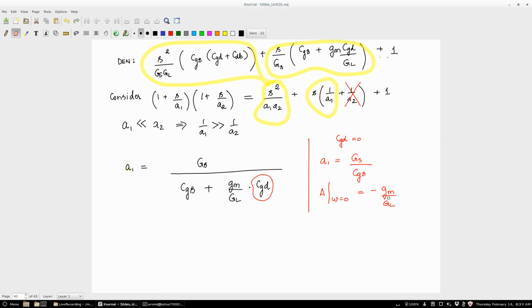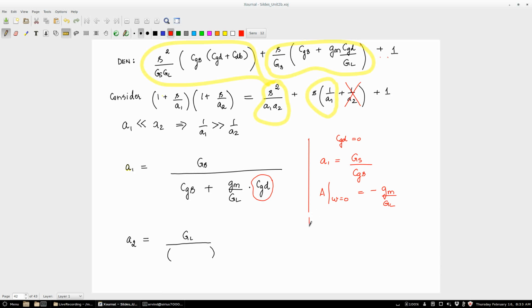And gain is GM by GL. So you have the definition of this A itself on the next slide. I have put this as minus, so just keep that in mind. Okay, so it should come as 1 plus GM by GL. However, because we have done a very approximate analysis, we are not getting that 1 plus. We are just getting the GM by GL.